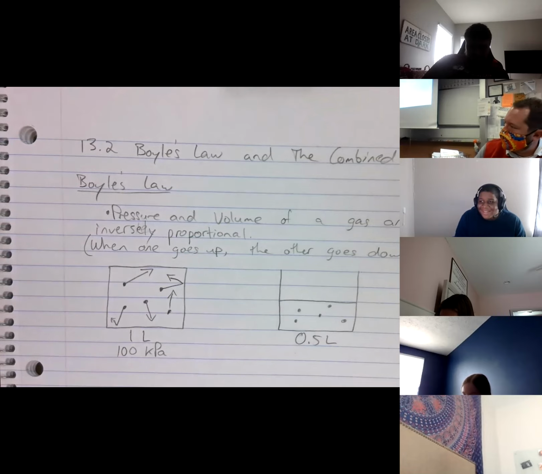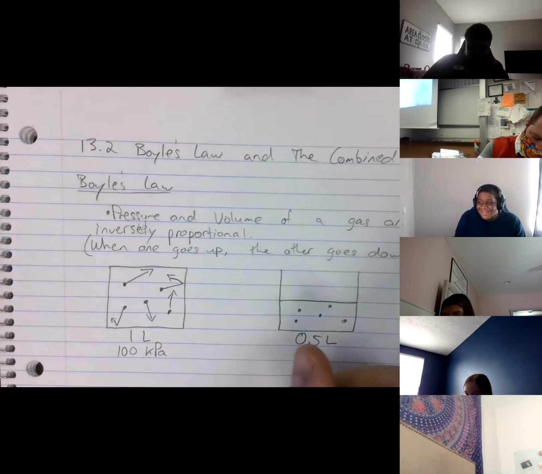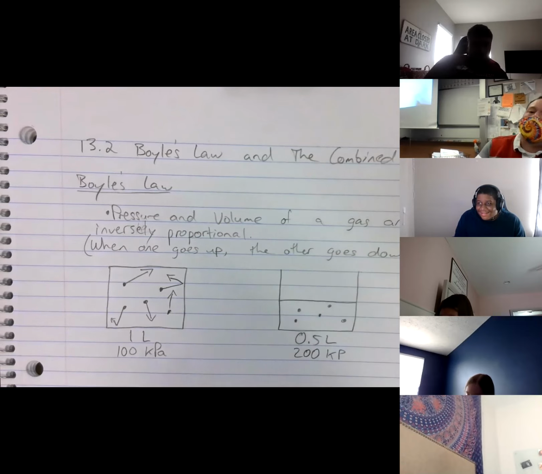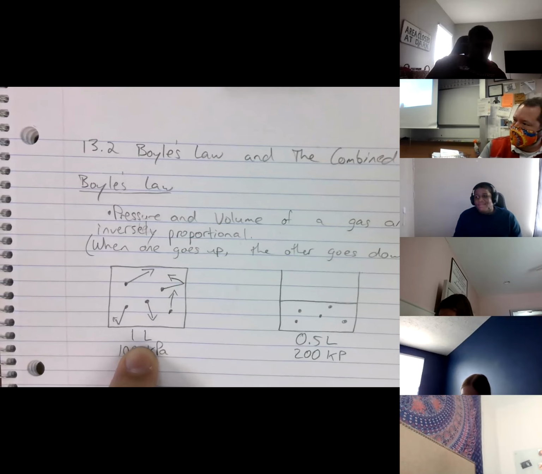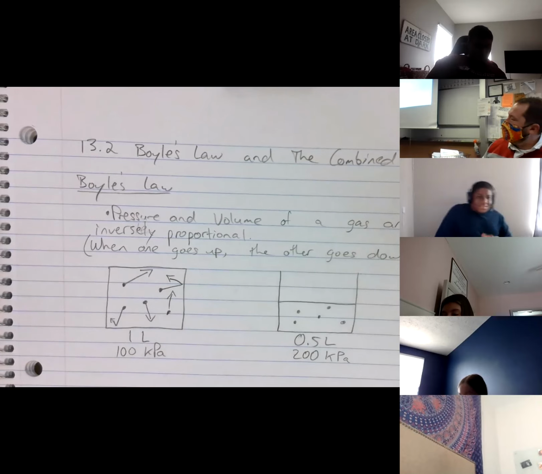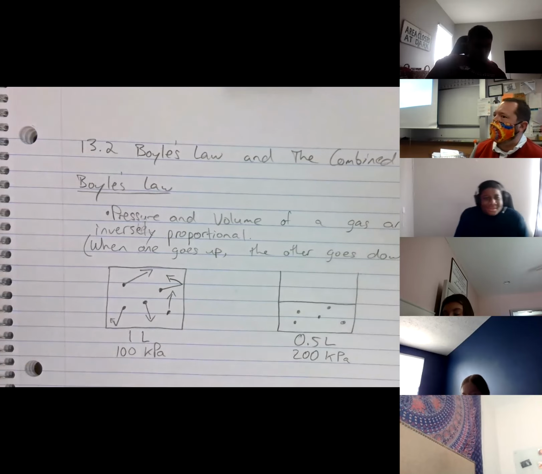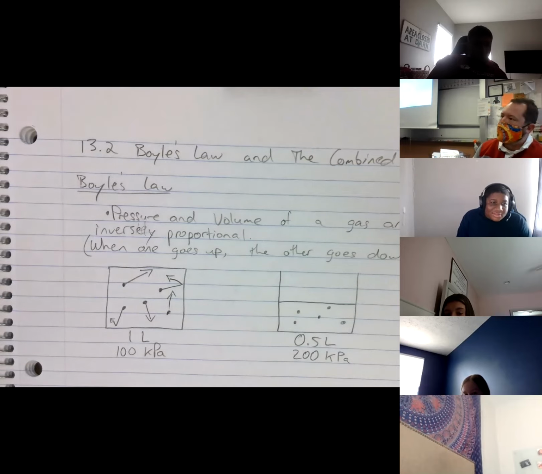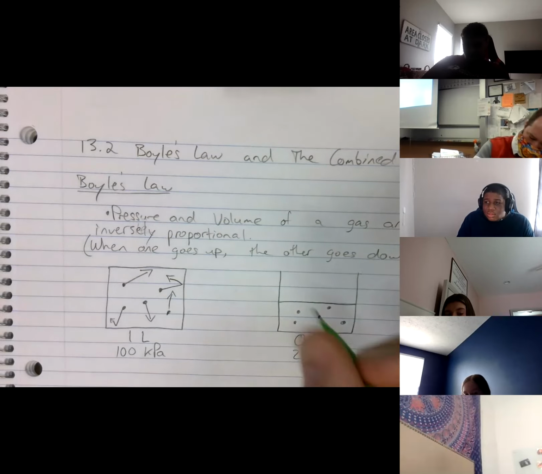Inversely proportional means 0.5. Yep, 0.5. So we had 1 liter. Now we're down to just half a liter, because pressure and volume are inversely proportional. When the volume goes down, the pressure goes up.